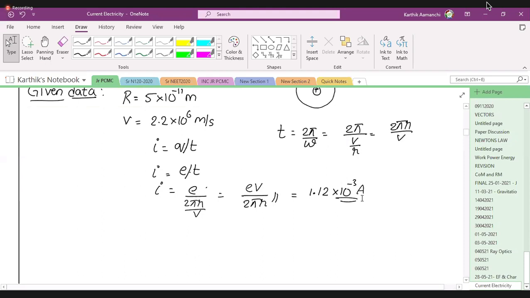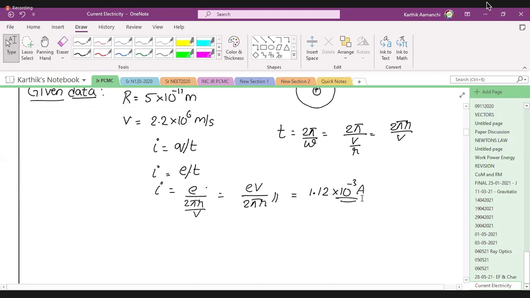Okay, take it down. I forgot to tell this. D, mobility mu. Draw a line and take it down. Electron mobility, in brackets mu.